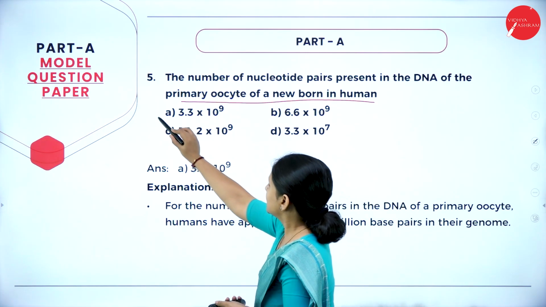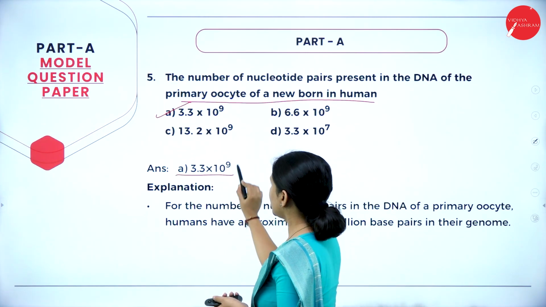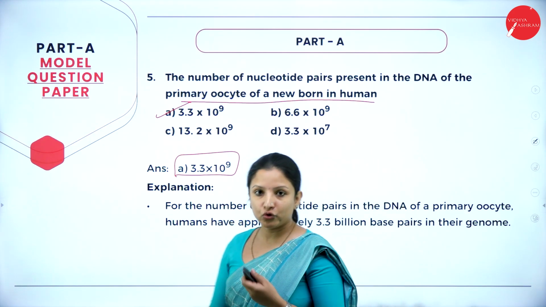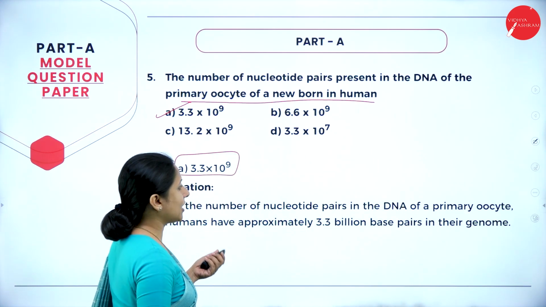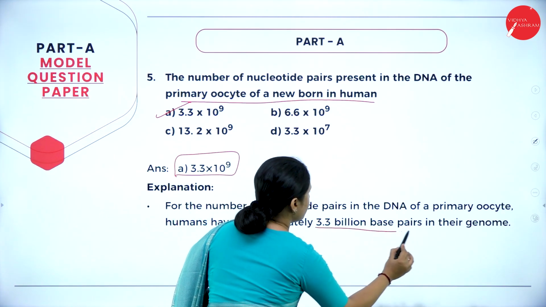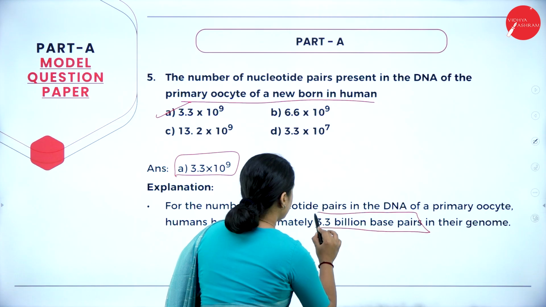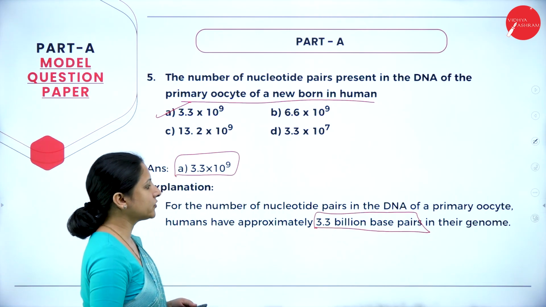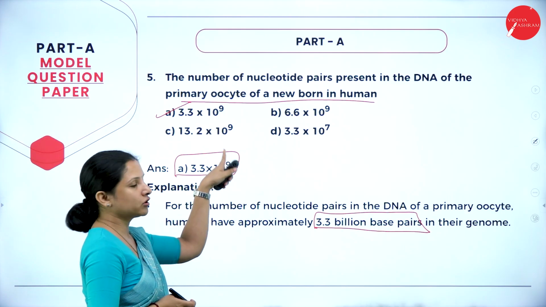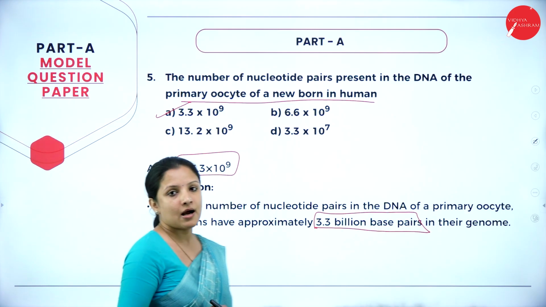The answer is option A, 3.3 into 10 to the power 9. This means that the number of nucleotides present in the DNA of a primary oocyte is approximately 3.3 billion base pairs. Instead of writing 3.3 billion base pairs, we represent it by 3.3 into 10 to the power 9. So therefore, this is the answer.